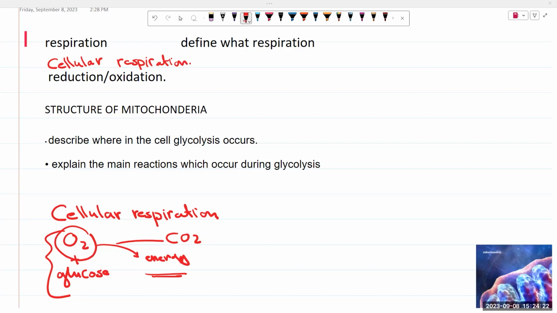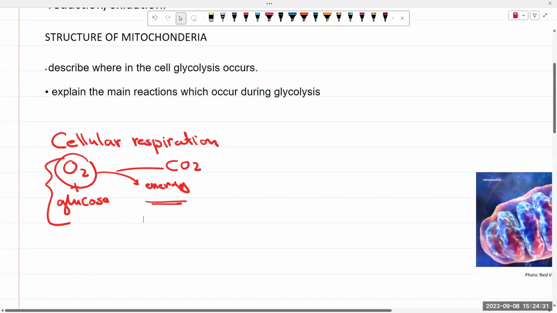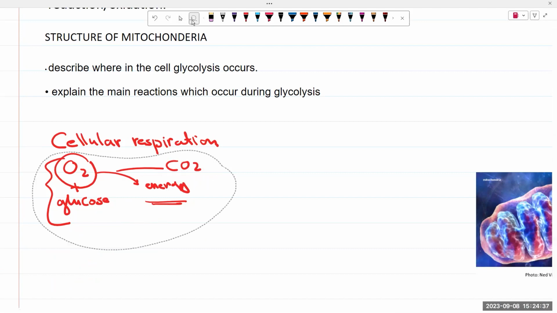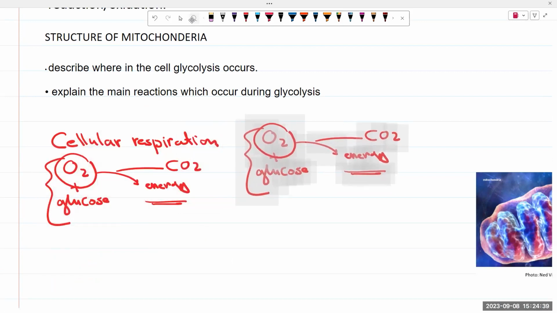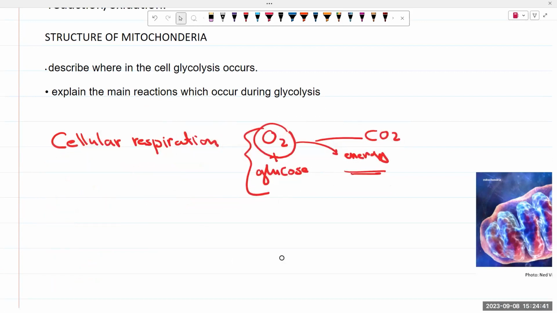You can send me in the chat. Okay, so Renad also said no. So cellular respiration is a process by which we can release energy from the food, with oxygen or without oxygen.